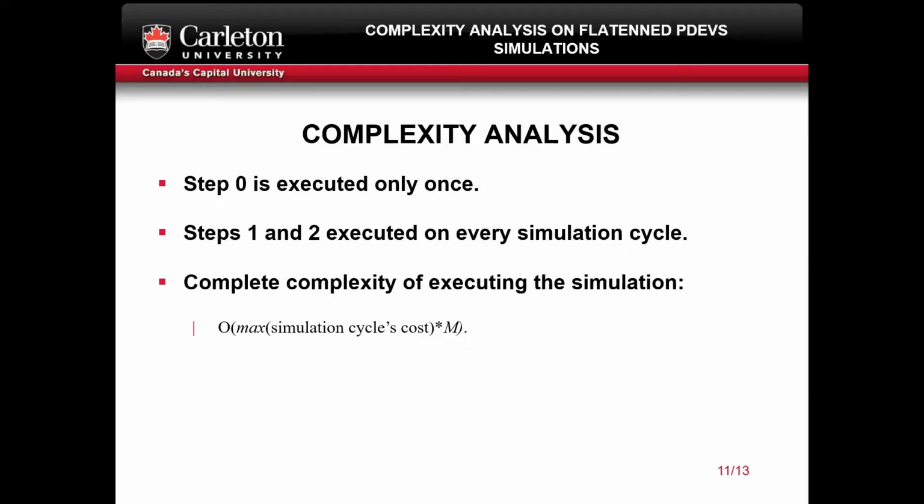To include this in our complexity analysis, we must include a new parameter, M, which is the number of simulation cycles we must execute. Therefore, the complete cost of executing the simulation will be the maximum cost of each simulation cycle multiplied by the number of cycles we must execute. This parameter is important and contributes to the complexity.